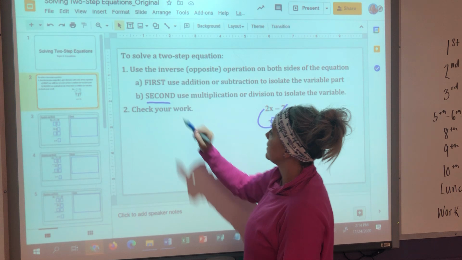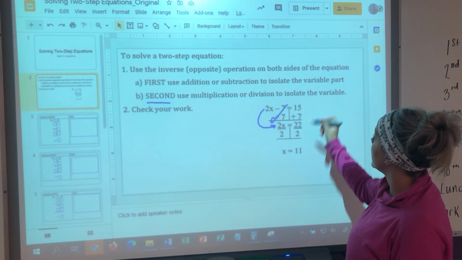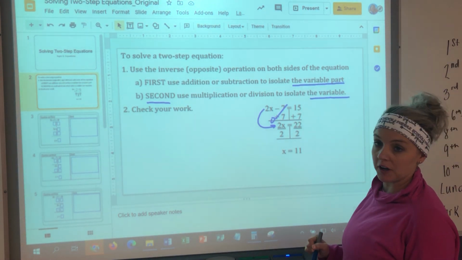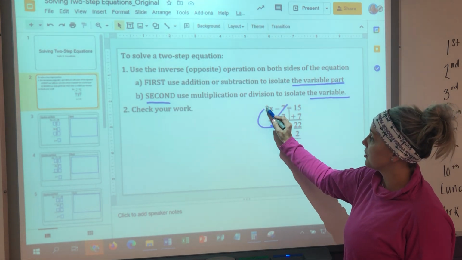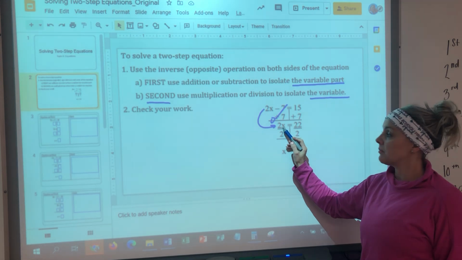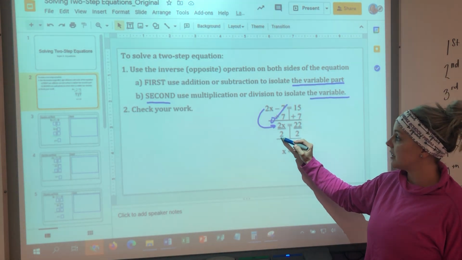Then the second, we use multiplication or division to isolate the variable. So these are two different things. We isolate the variable part, and now we're isolating the variable. 2 is being multiplied by x. The inverse of multiplying by 2 is dividing by 2.